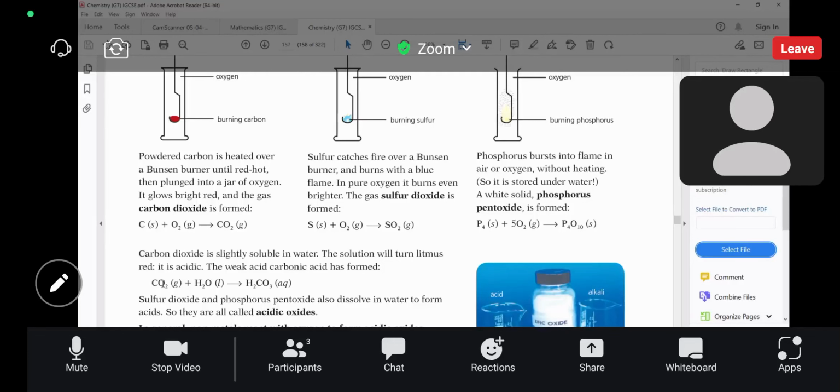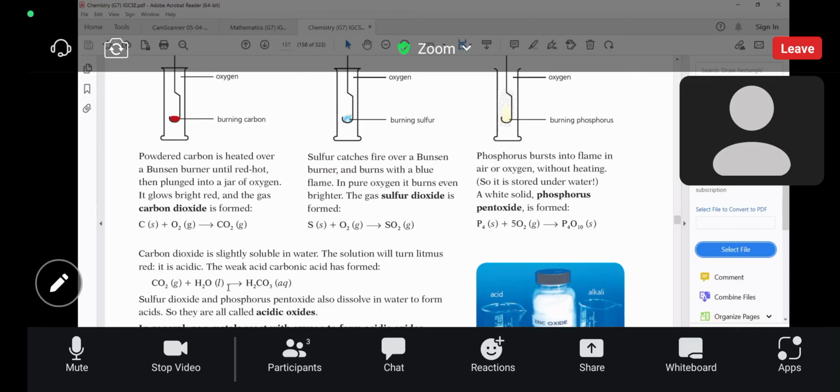So you take carbon dioxide gas and you dissolve it in H2O under high pressure, and it will produce carbonic acid, H2CO3. So this is the way you have to remember this equation. CO2 gas plus H2O liquid.